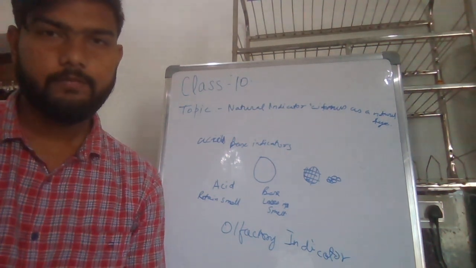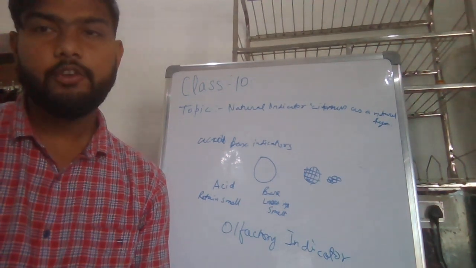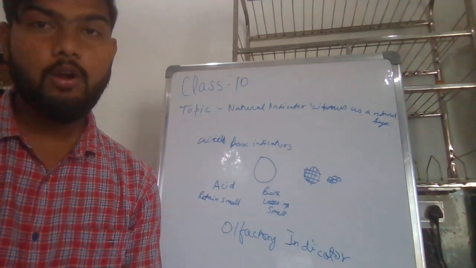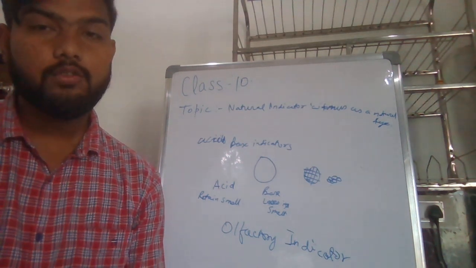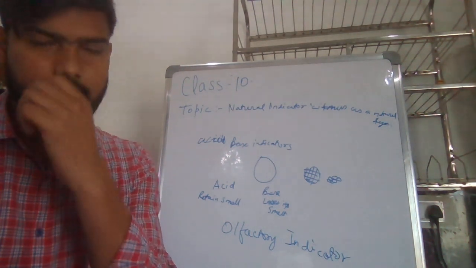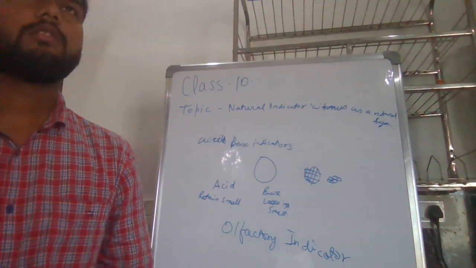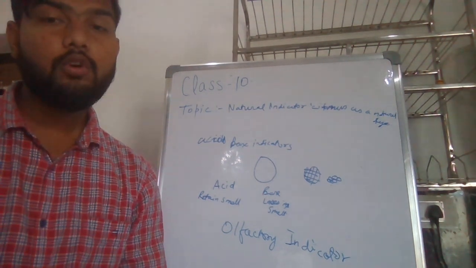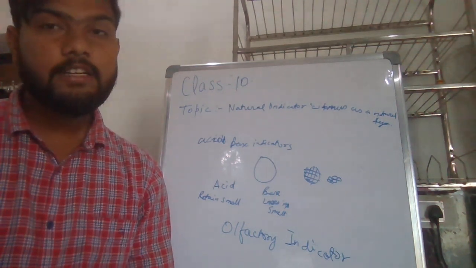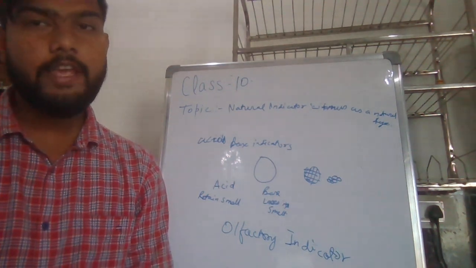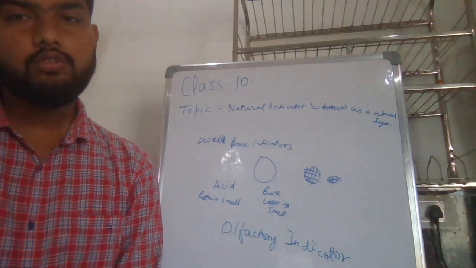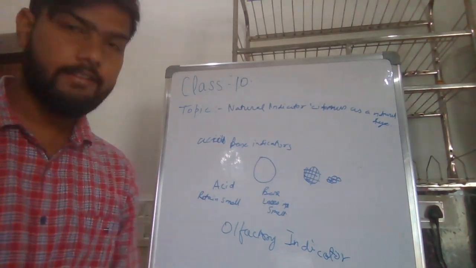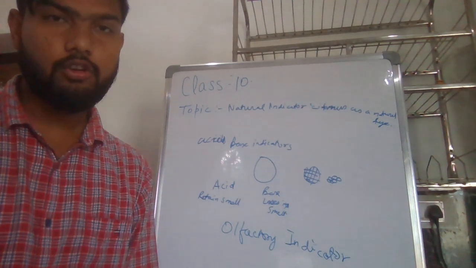As you have seen, China rose, onion, turmeric powder and litmus. You have to identify the types of indicator in these. Here you have to observe that we have three types of solution.